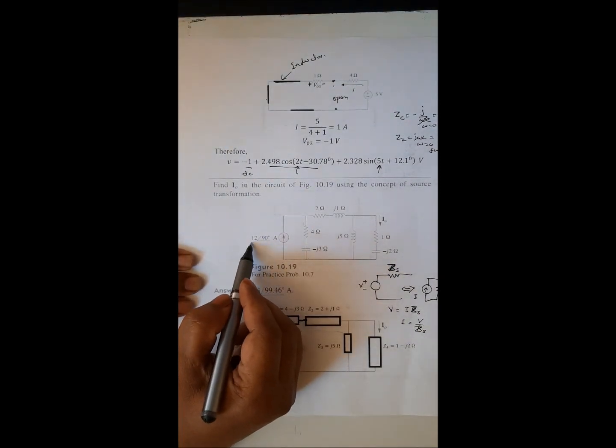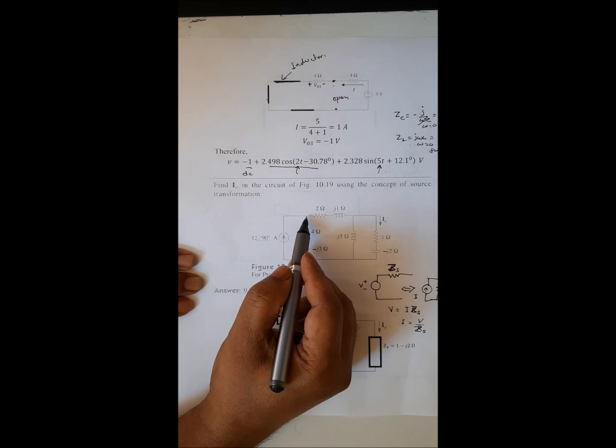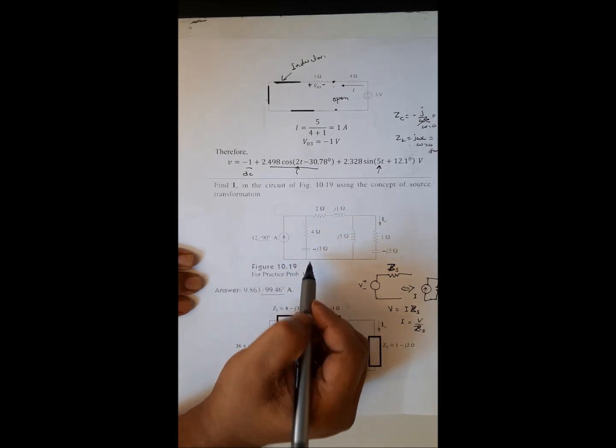So here we have 12 angle 90 and impedance is 4 minus J3. So I replace this current source with a voltage source. How to find the voltage source? The voltage source will be 12 angle 90 times 4 minus J3.